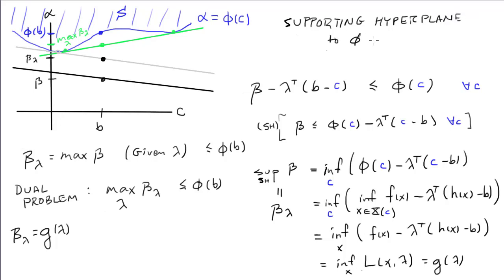It's a supporting hyperplane to phi at P. P is then the point of tangency. We will show that this condition is equivalent to saying the optimization problem with right-hand side P is strong Lagrangian.